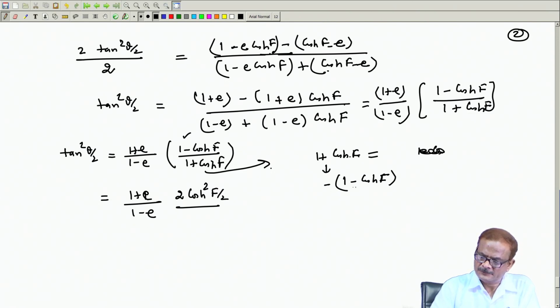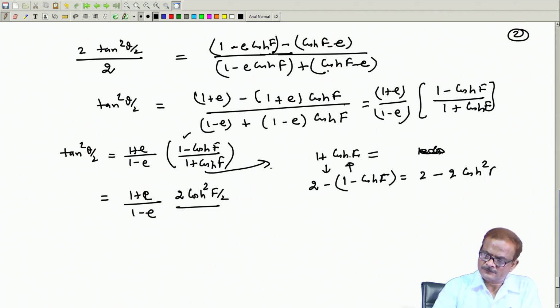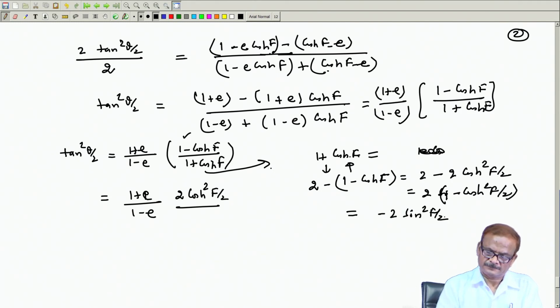So, here if we break the bracket, this gets reduced to minus 1 plus cos hyperbolic f, and if we write here 2, this will reduce into this format. So, this becomes 2 times 1 minus cos hyperbolic square f by 2, and this is nothing but minus 2 times sin hyperbolic square f by 2.